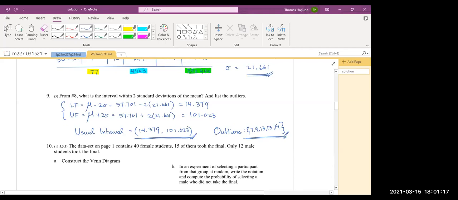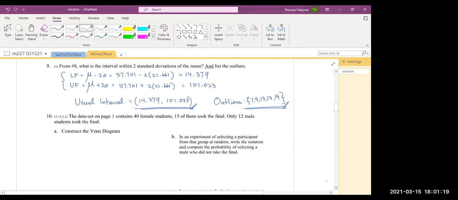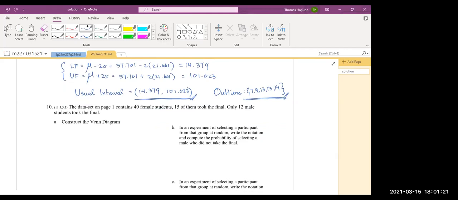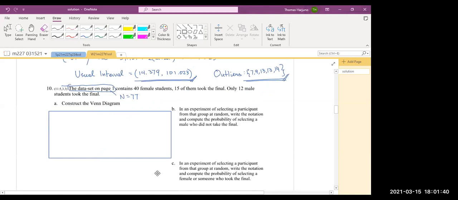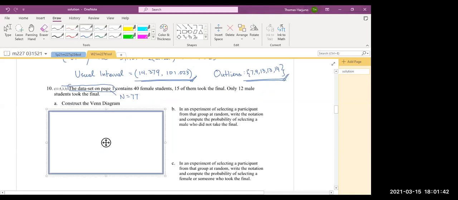Let's go on with number 10. The data set on page 1 contains 40 females. We remember that there were 77 people there, so n equals 77, and of these 77 people, 40 are female. Remember, a Venn diagram always starts with a rectangle.